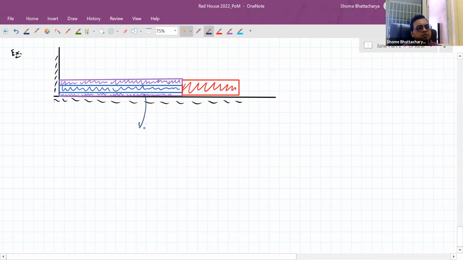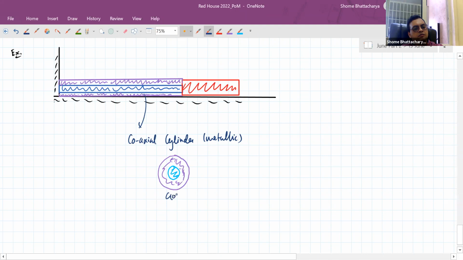So this thing is actually a coaxial cylinder, metallic. So its cross section actually looks like this. This is the cross section.